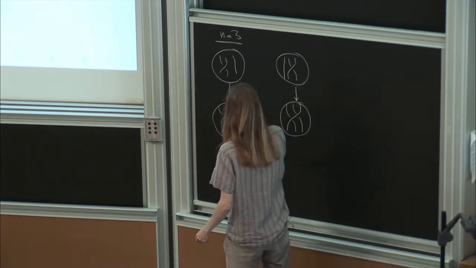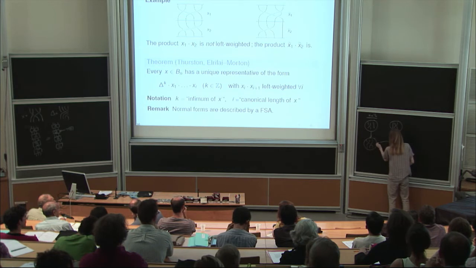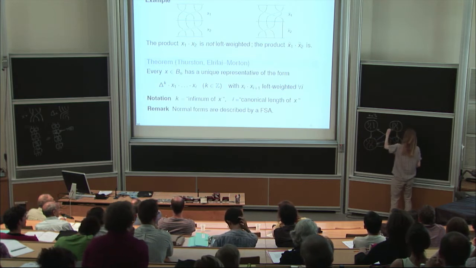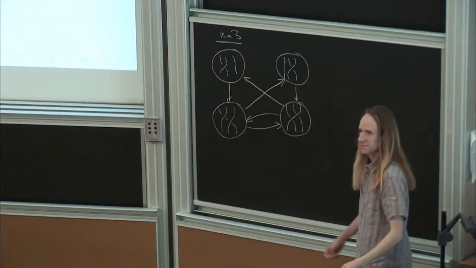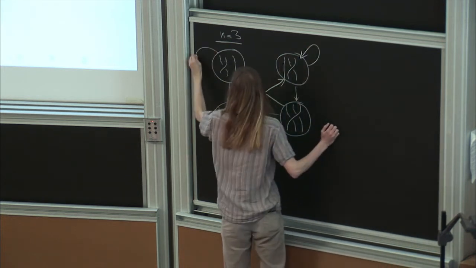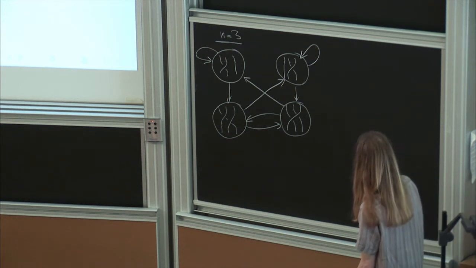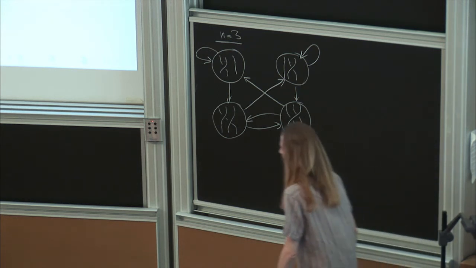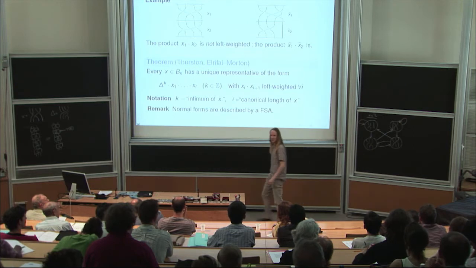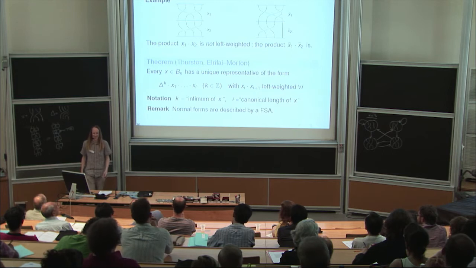An arrow indicates that this factor can be followed by this factor and it will be left-weighted. That's the finite state automaton for n equals 3. And already for n equals 4, the picture gets extremely complicated. Sandrine showed it last night.